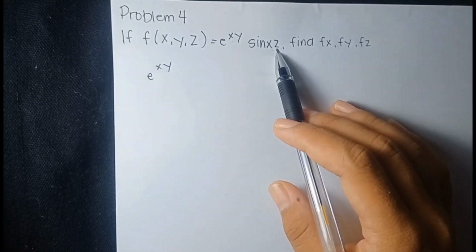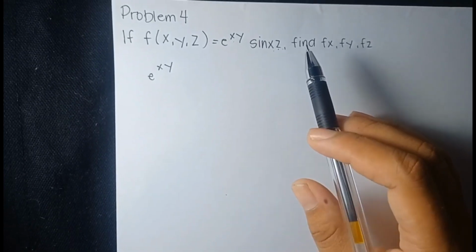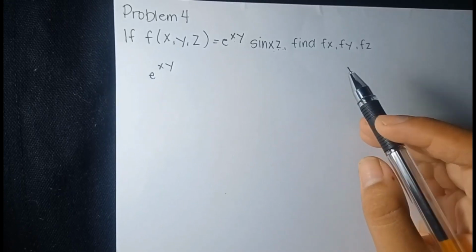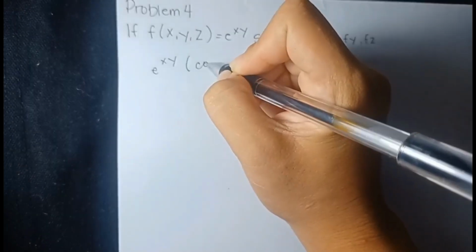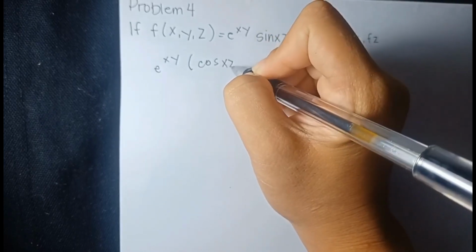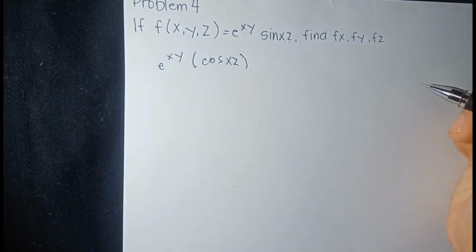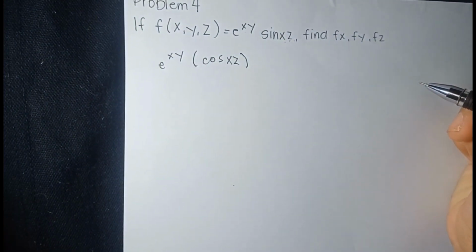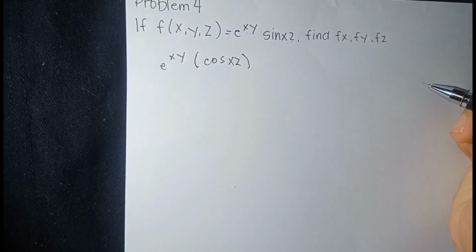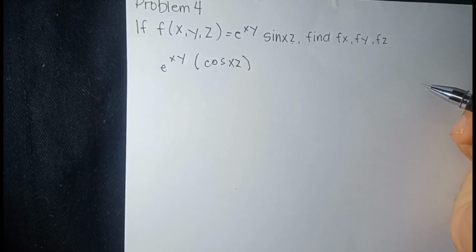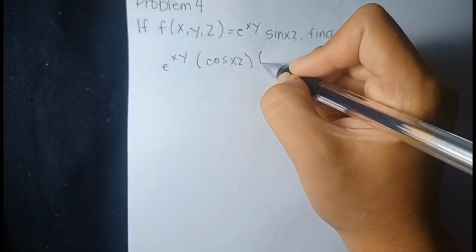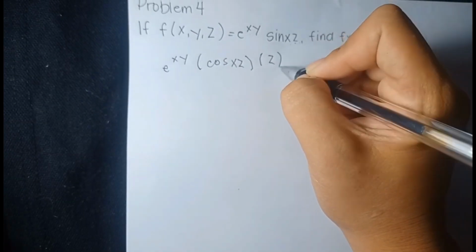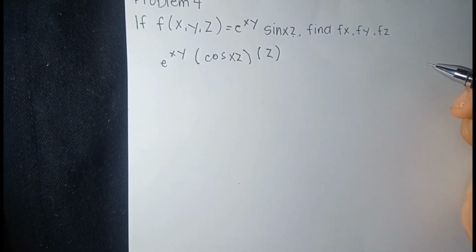Therefore, when we differentiate it, the sine xz would be cos xz times the derivative of the angle xz, chain rule. The derivative of xz would be z, because we are differentiating with respect to x.